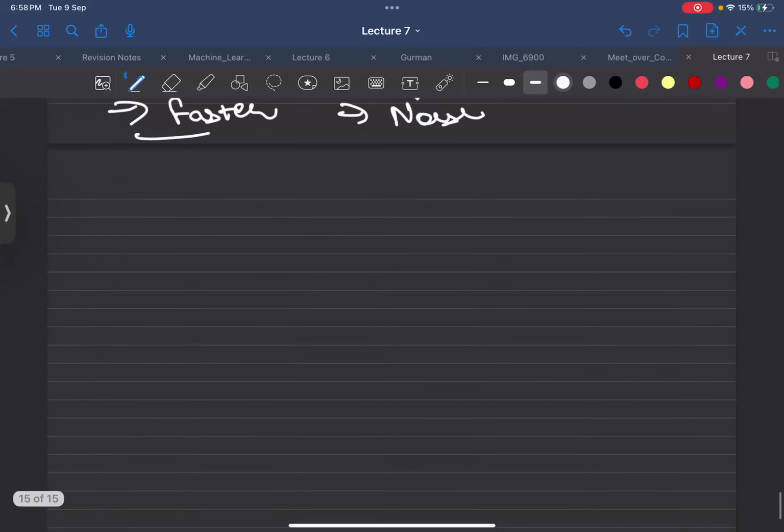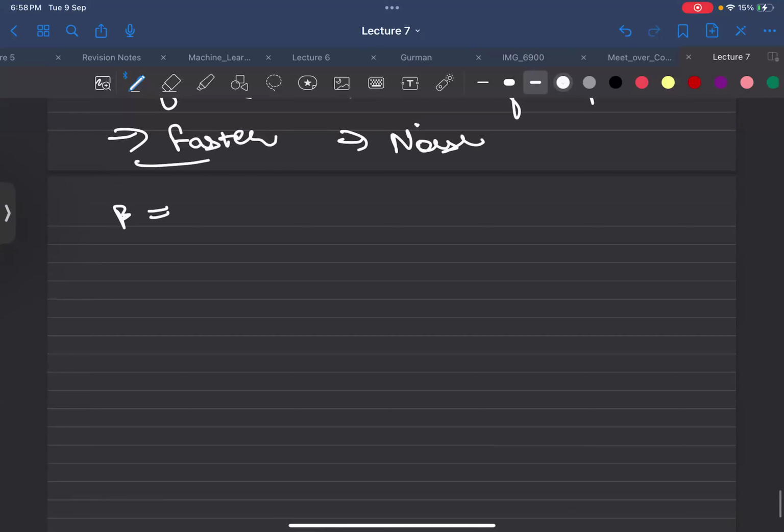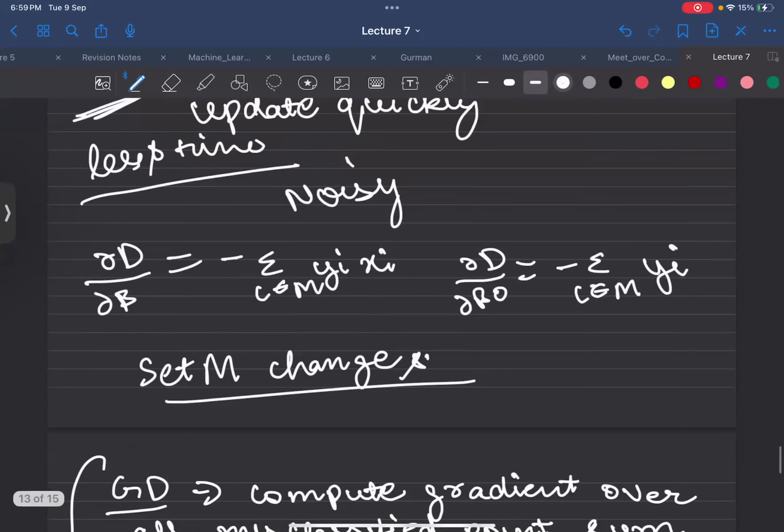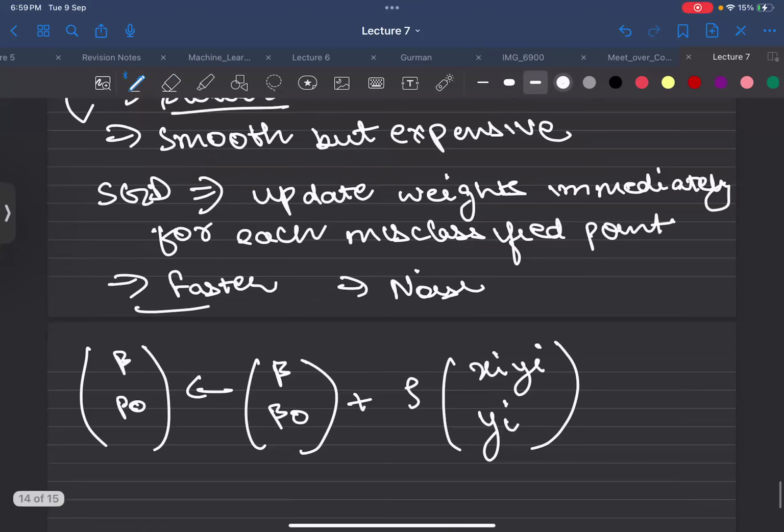Now, what is the rule? How do we update it? This is the gradient part, xi, yi.